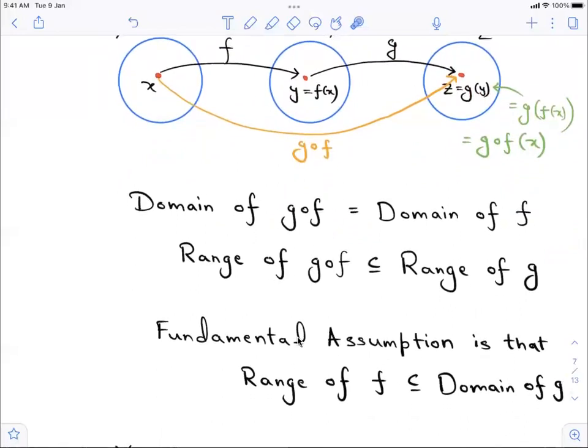So, the important thing to note here is that the domain of this composition is going to be the domain of f.